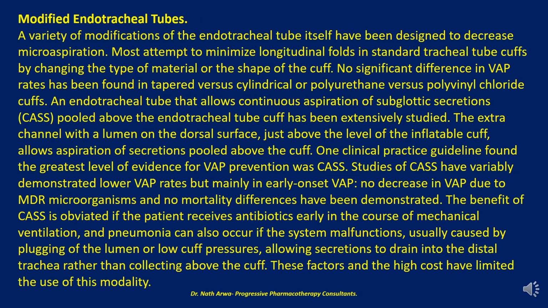We will now progress to modified endotracheal tubes. A variety of modifications of the endotracheal tube itself have been designed to decrease microaspiration. Most attempt to minimize longitudinal folds in standard tracheal tube cuffs by changing the type of material or the shape of the cuff.